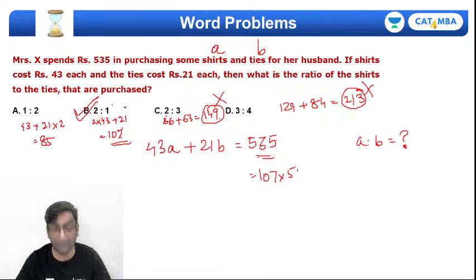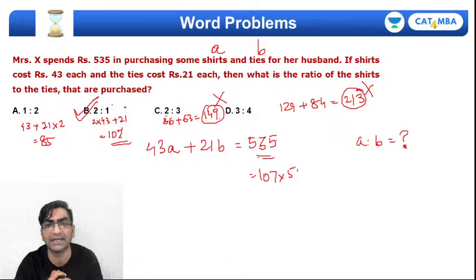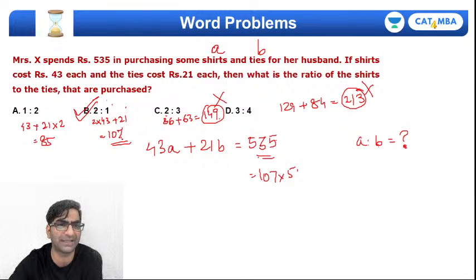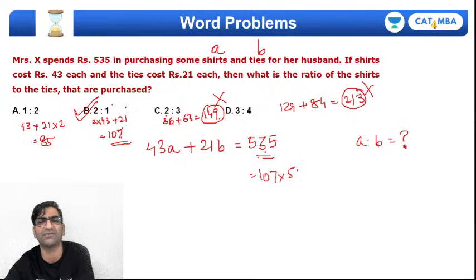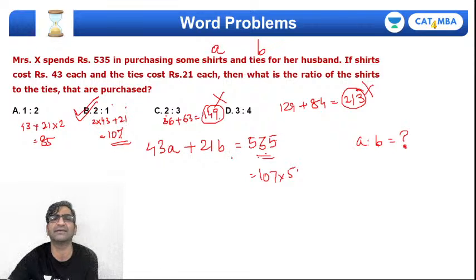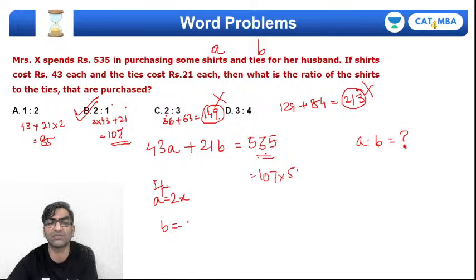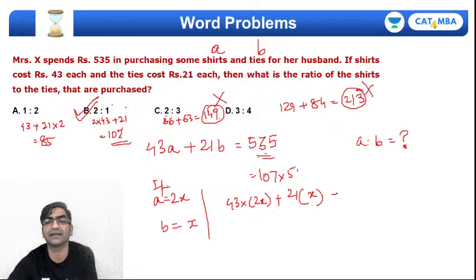I didn't really solve. I used option choices. Option choices come to my rescue, right? And how is this the answer choice? Some of you might think, just because 107 can divide 535, why is that relevant? So basically think about it this way. If A is 2x and B is 1x, then the total expenditure will be 43 into 2x plus 21 into 1x, and this should be 535.